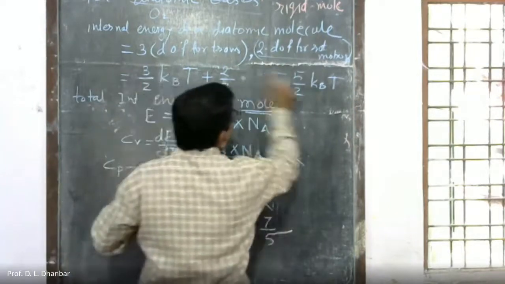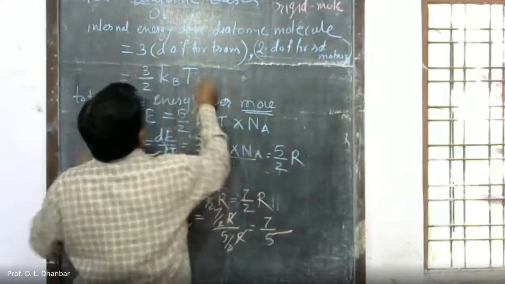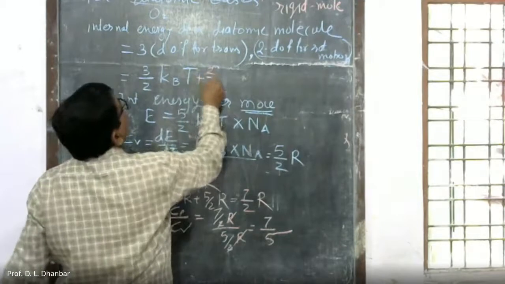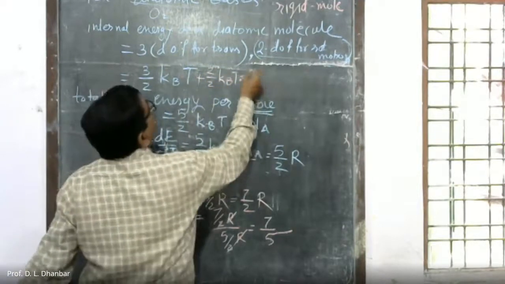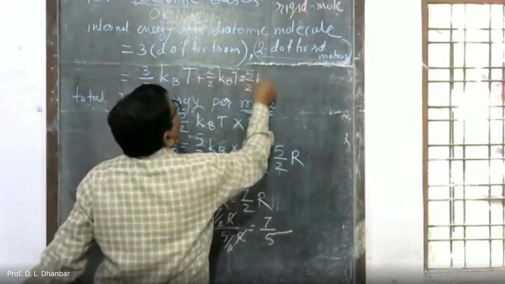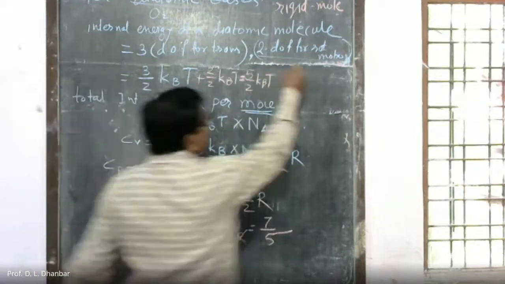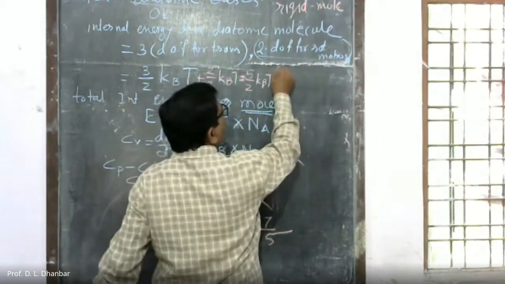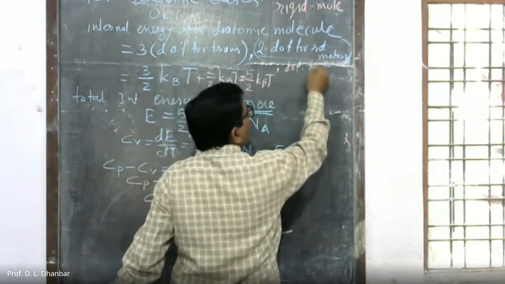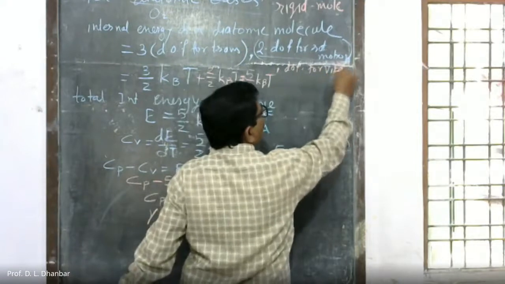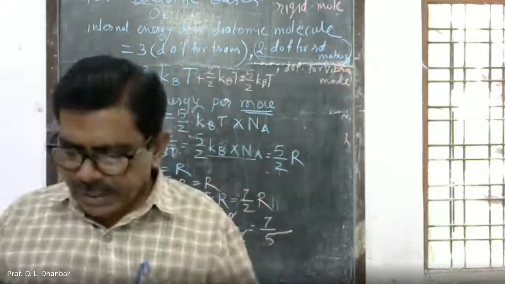You can write it as 3 by 2 kB T plus 2 by 2 kB into T, which comes out to be 5 by 2 kB into T. This is our earlier equation. Plus here we have to add one more degree of freedom for vibrational mode. What is that degree of freedom?